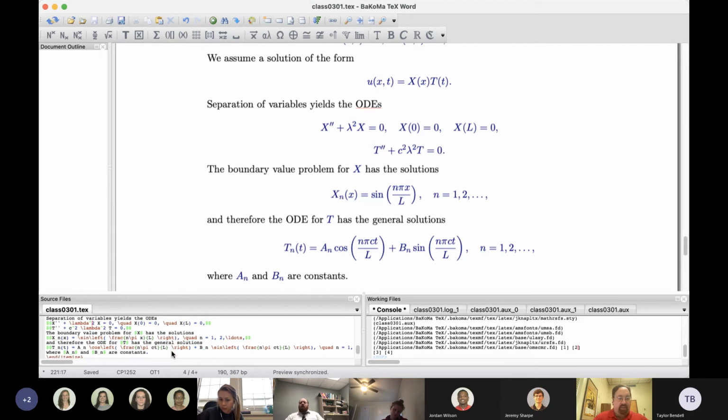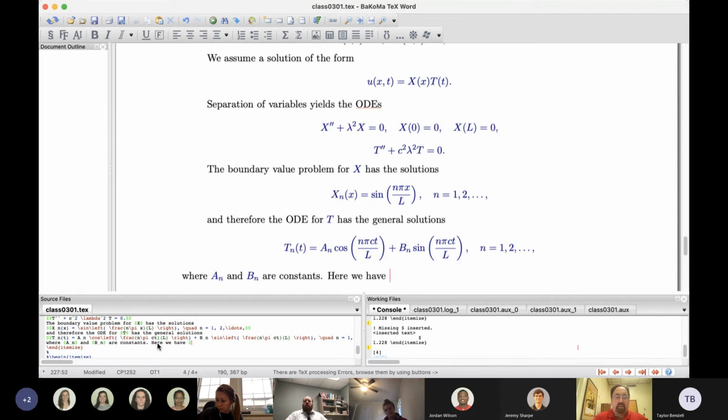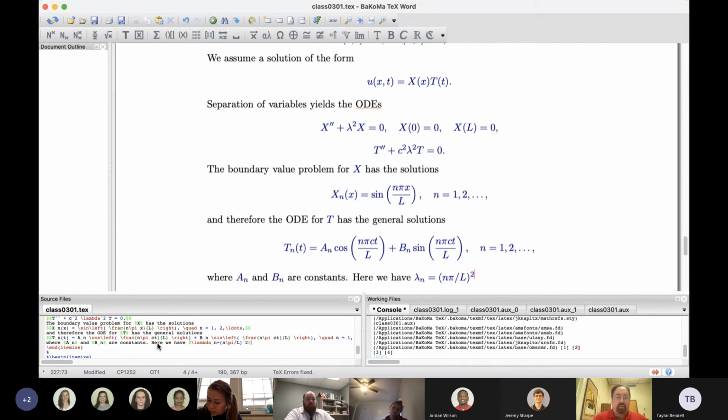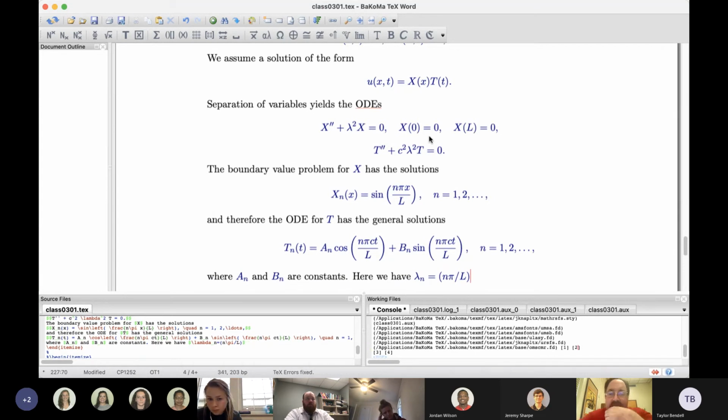So I'm going to write down here lambda n is equal to n pi over L squared. Oh, sorry, it's n pi over L. So I have lambda squared here.